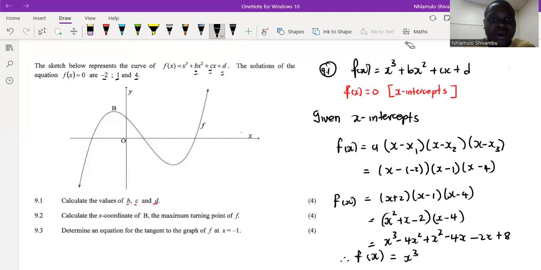So this is minus 3x squared. And then minus 4x minus 2x is going to give us minus 6x plus 8.